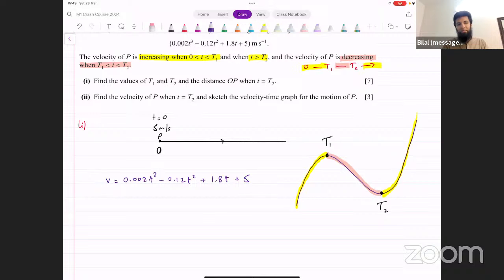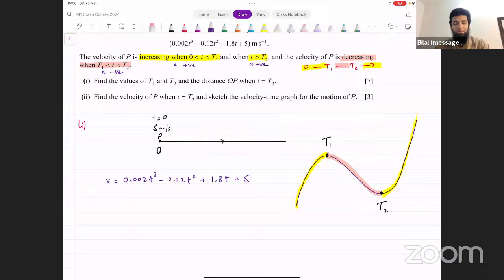Velocities, so you can also think of it like this. In mechanics terms, you can also think of it like this, that when the velocity is increasing, acceleration is positive, right? It's a positive value. Acceleration is positive here and acceleration is positive here. And when velocity is decreasing, acceleration is negative, right? So acceleration was positive, then it becomes negative, then it becomes positive again.